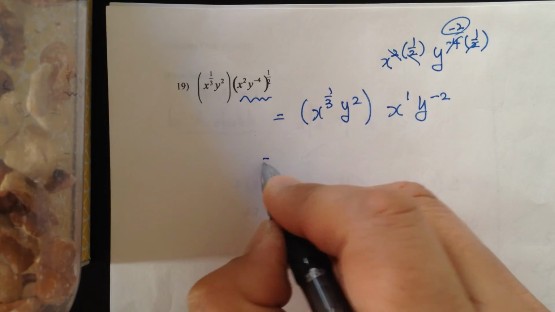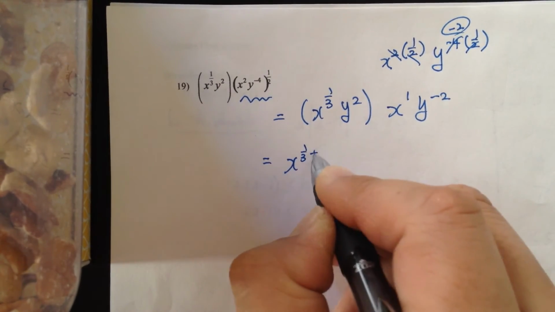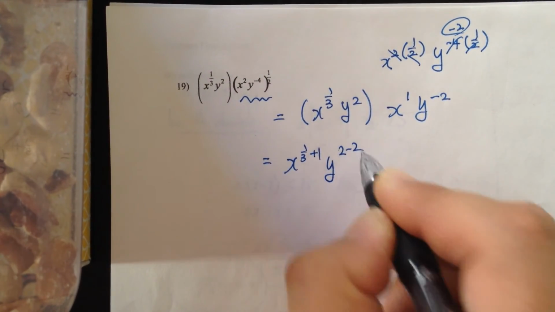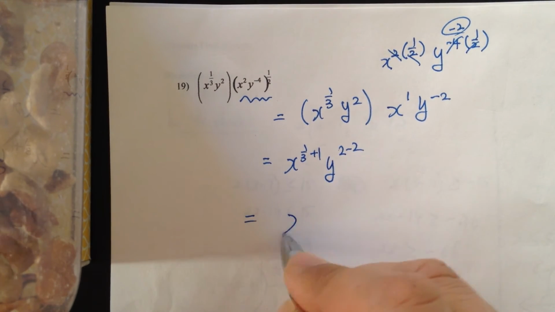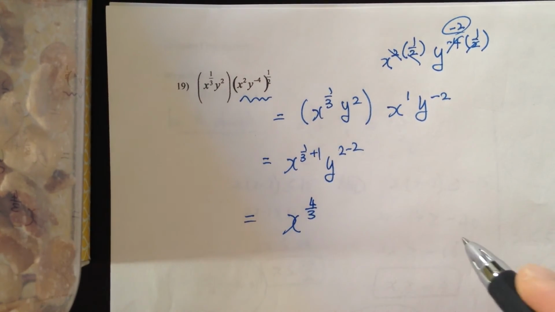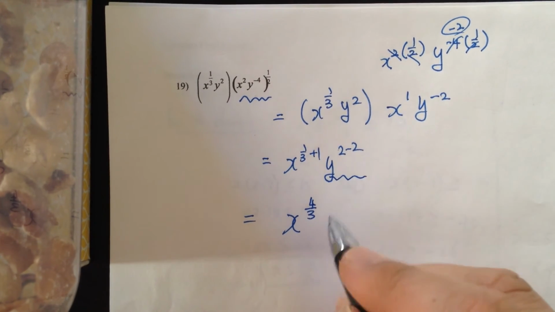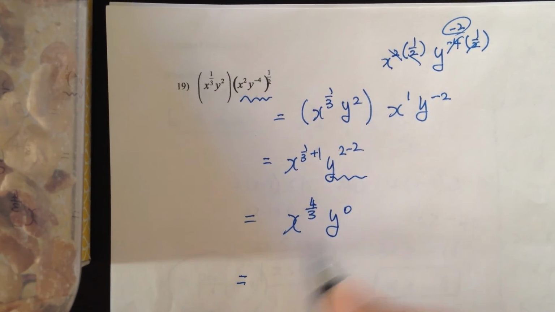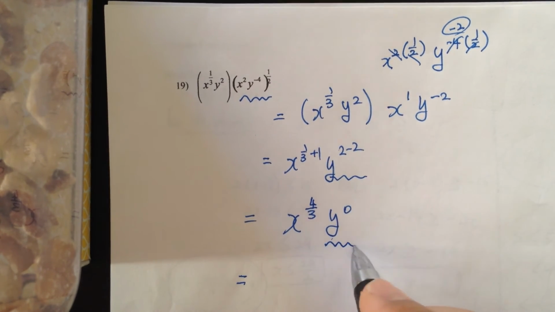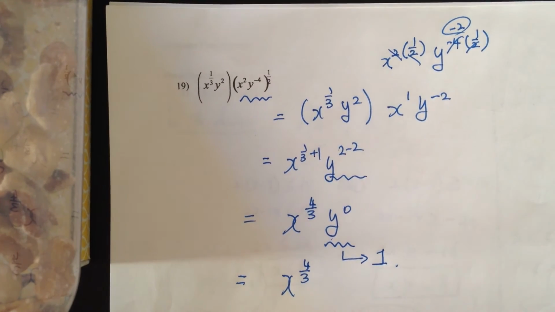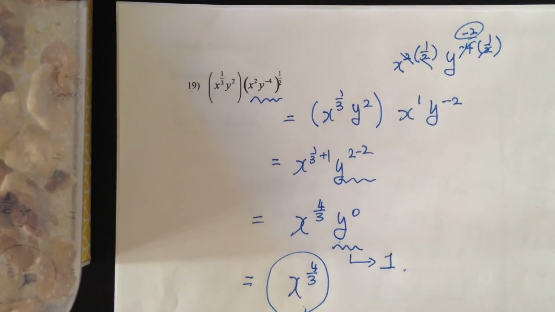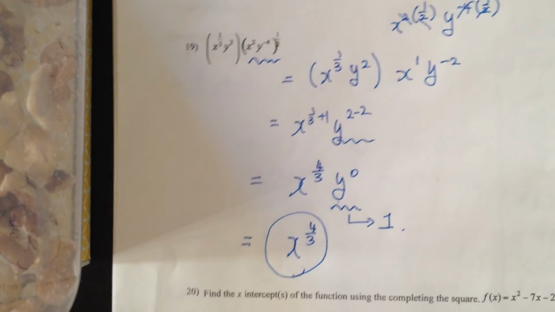So next one. This one, obviously, 0. When y to the 0 power will be 1. So at the end we're going to have, this is 1. That's the answer. Okay.